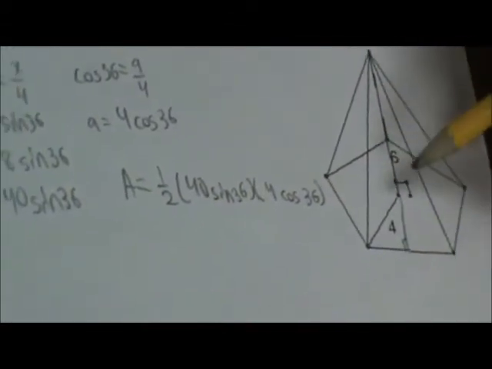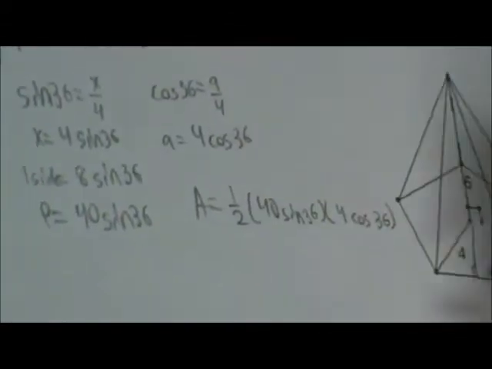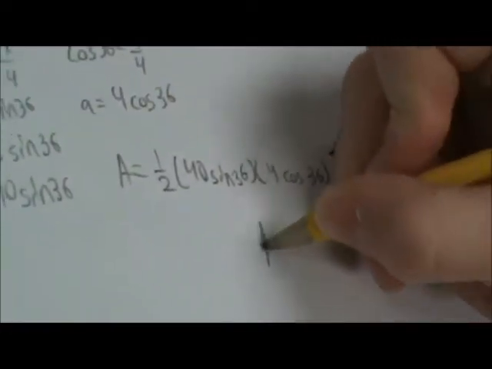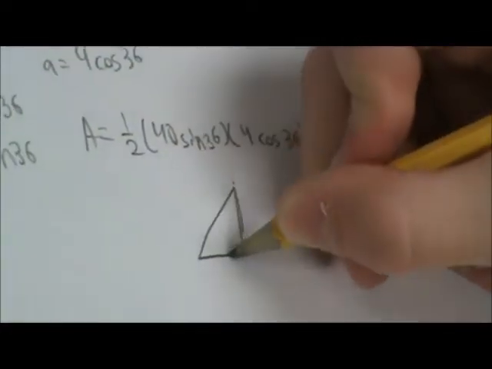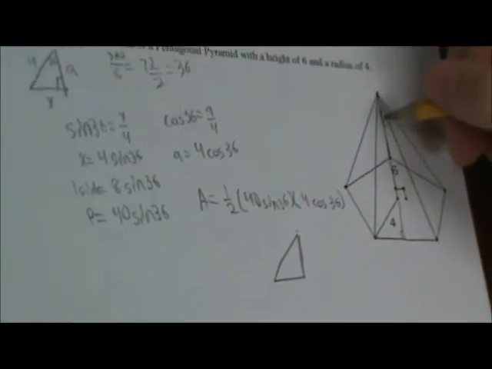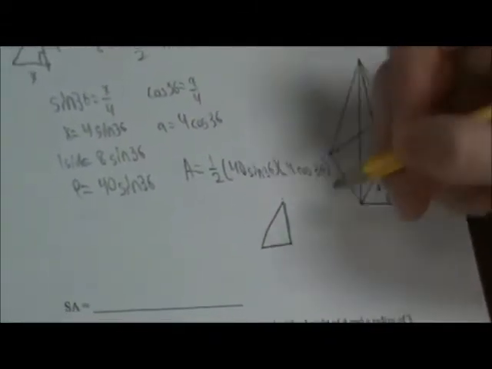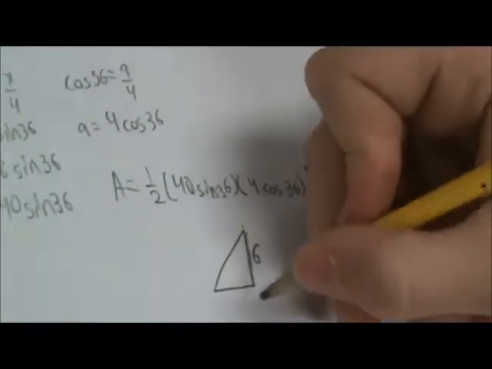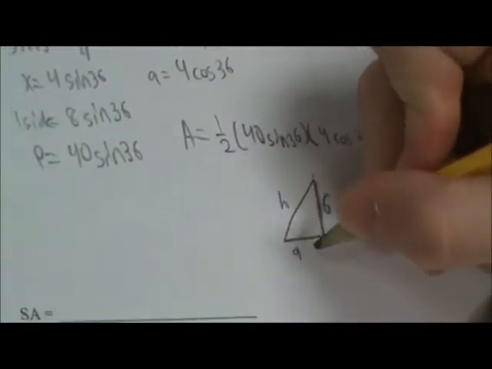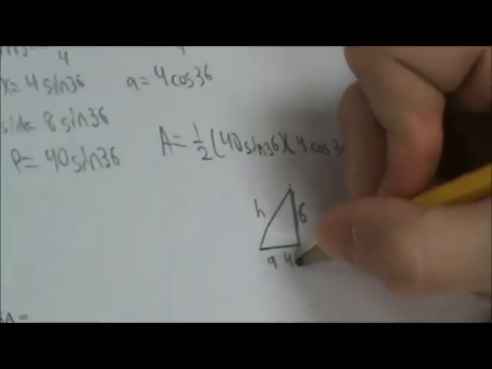And then that is going to be the area of the base, and the other surface area is 1/2 the perimeter times the slant height. So we have to solve for the slant height.